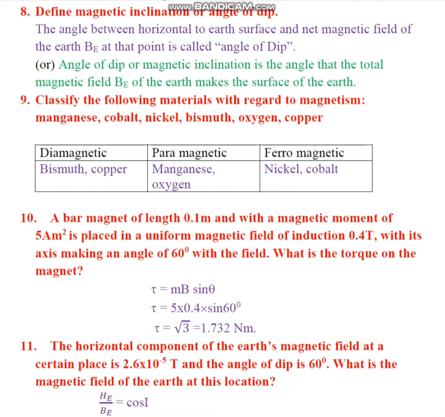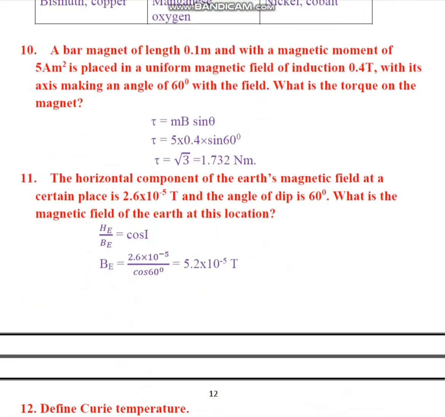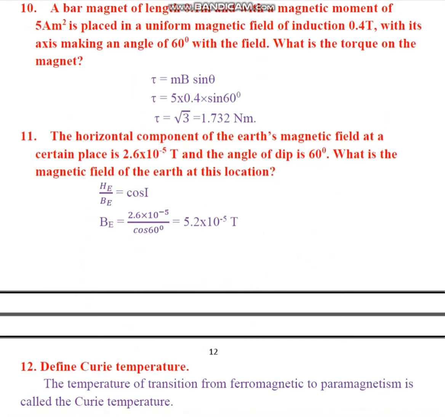And the tenth one, the important 2 marks problem. A bar magnet of length 0.1 meter and with a magnetic moment 5 ampere meter square is placed in a uniform magnetic field of induction 0.4 Tesla with its axis making an angle of 60 degrees with the field. What is the torque on the magnet? The formula: tau is equal to mB sin theta.